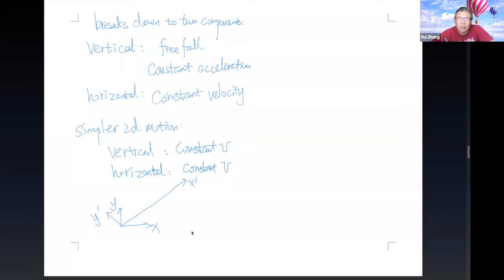Okay, so with that in mind, we're ready to do some examples for projectile motion.